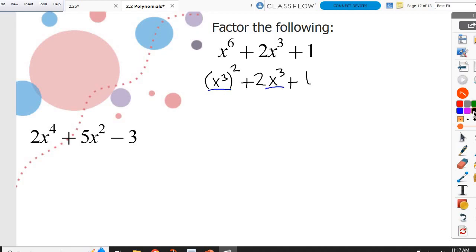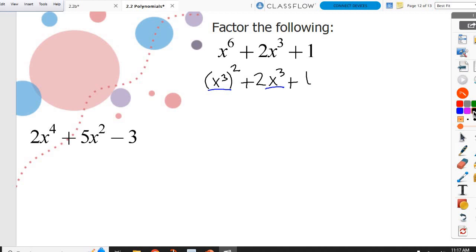They're both x cubed. So as long as we can write a function as something squared, plus that same thing that we were squaring, and then a number on the end, it's in what we call quadratic form. So we can still factor it the same way that we did with our AC method.